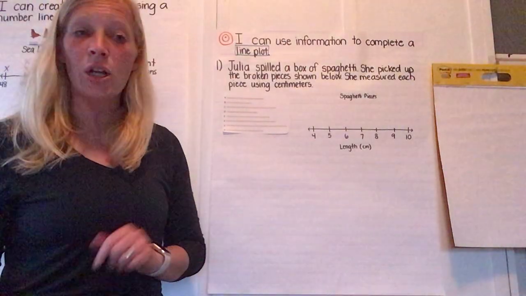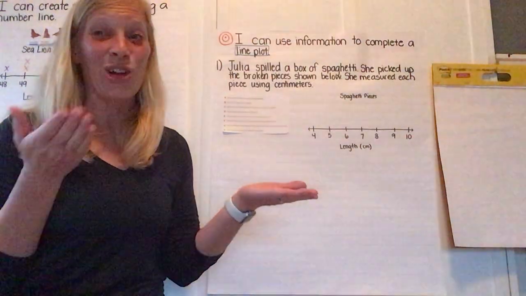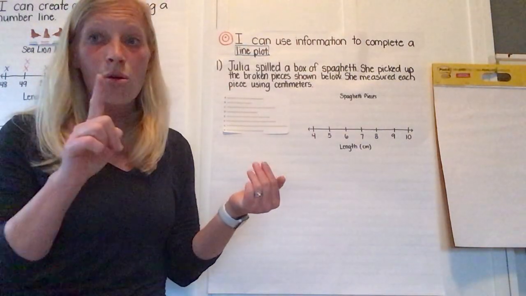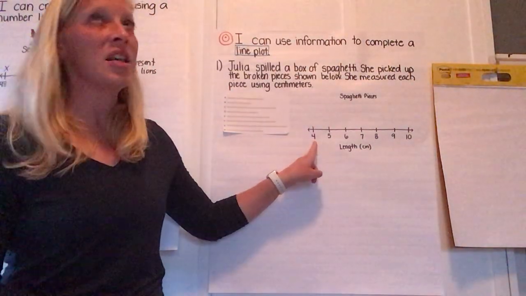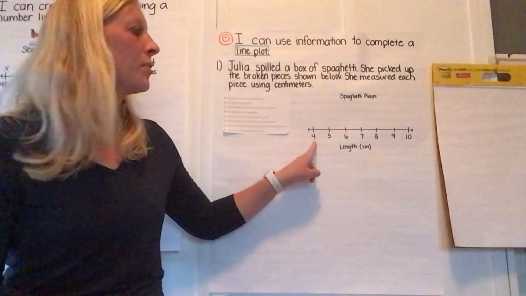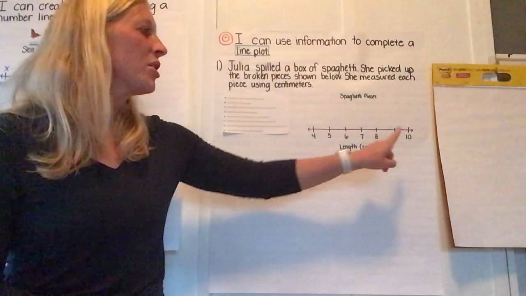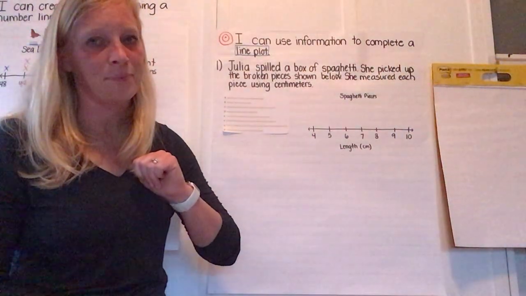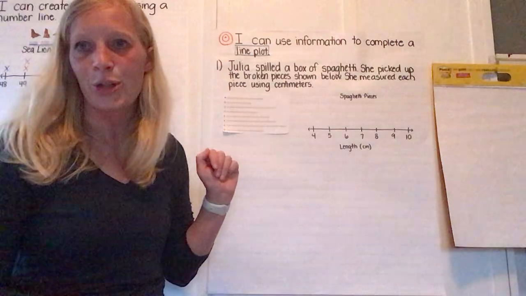Because we include our smallest as our start and our longest as our last, our stopping point. So our smallest one must be 4 centimeters. And our longest one must be 10 centimeters. But we don't have that written down yet, do we?